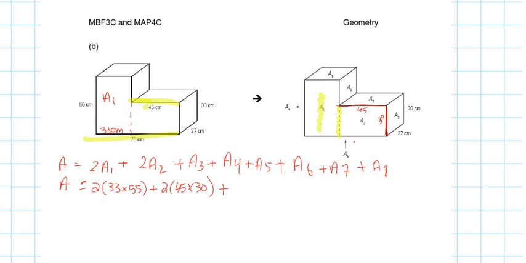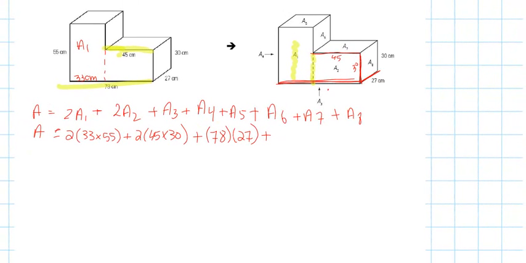So I have 78 times 27. A4. A4 is this. So that's 55 times 27. I'm at A5 now. So A5 is this, which is 33.